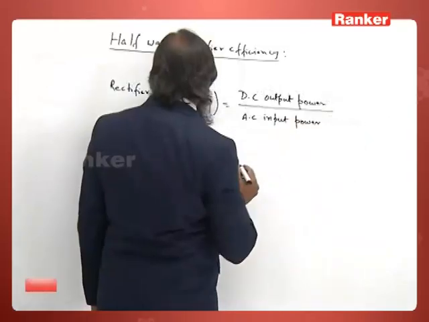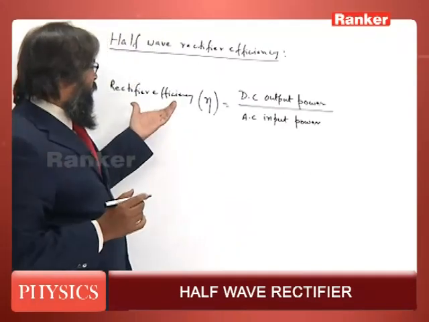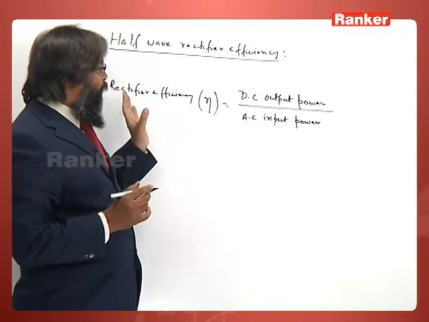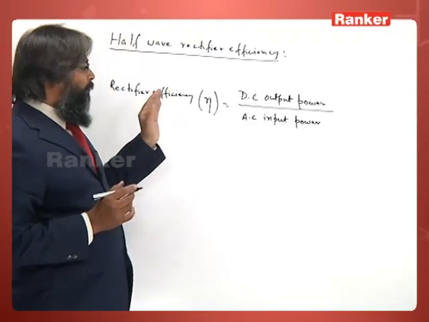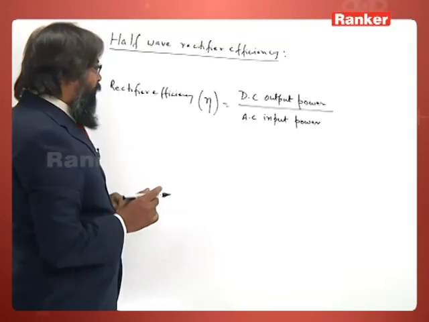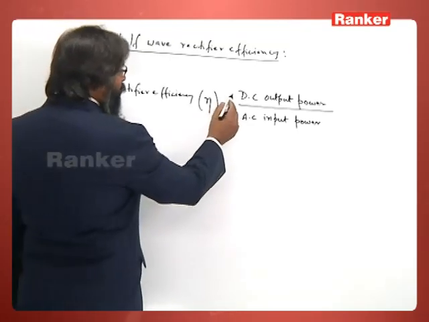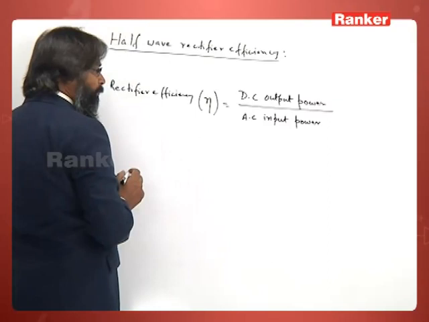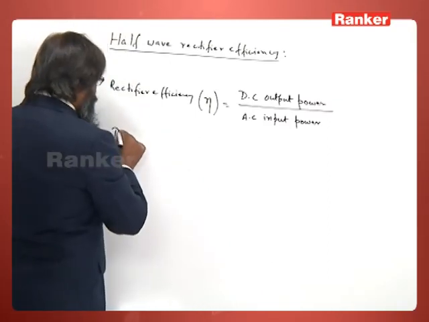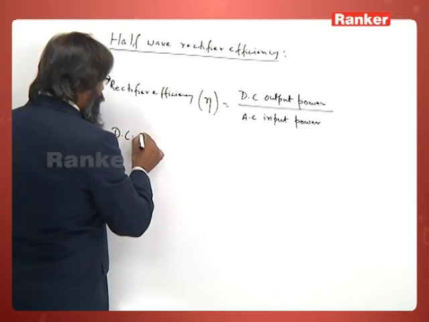This is the expression for the rectifier efficiency for any type of rectification. We will see it for half wave rectification. First of all we have to find out this one and then this one, and then we will take the ratio. First is DC output power.